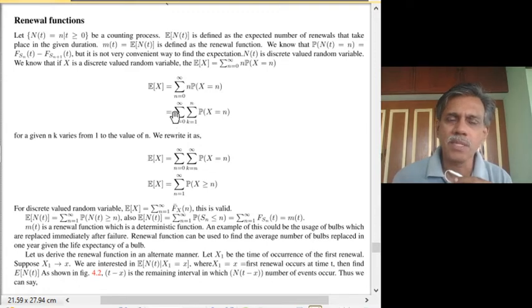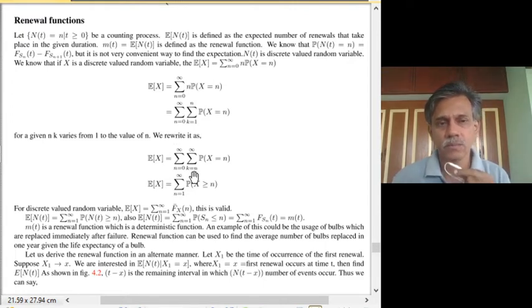Now look at this double summation. There are two indices, n and k. n varies from 0 to infinity while k varies from 1 to n. So instead of that, what we can do is let n vary from 0 to infinity and the other variable range from n to infinity.